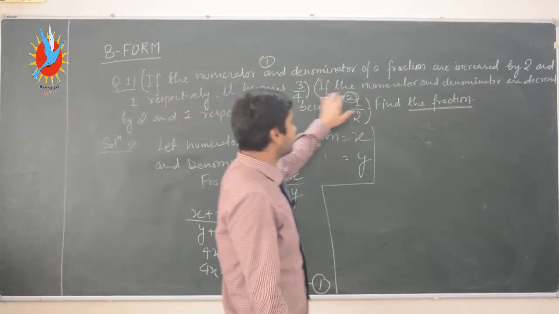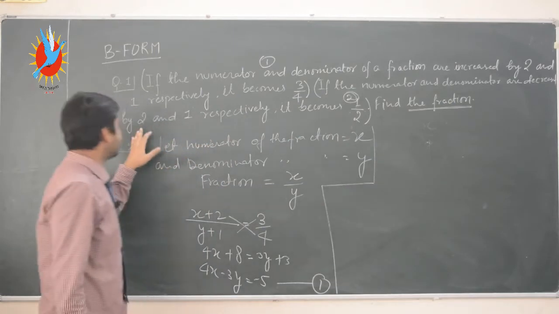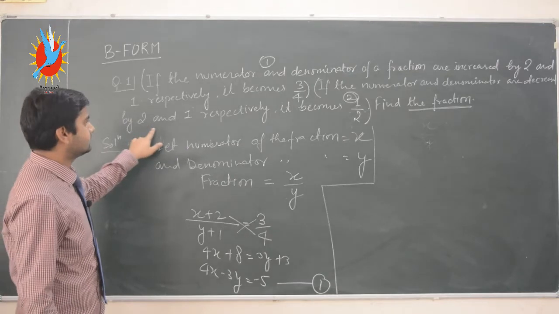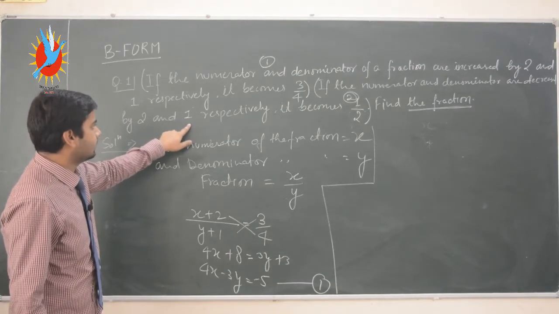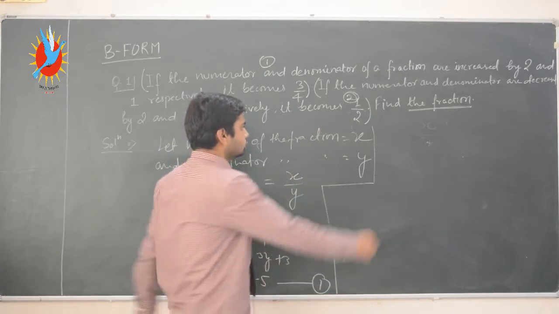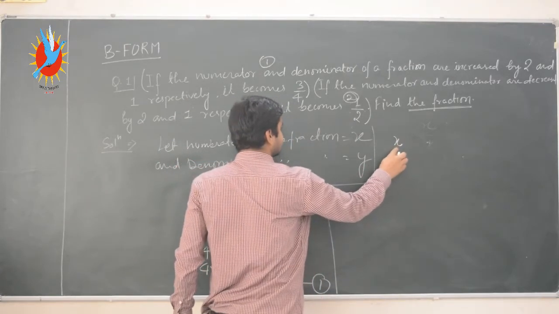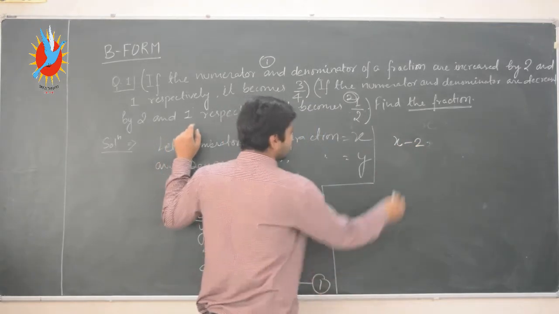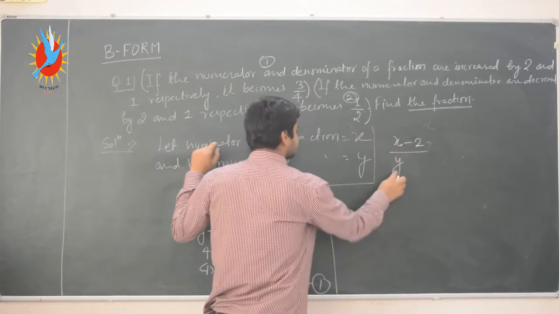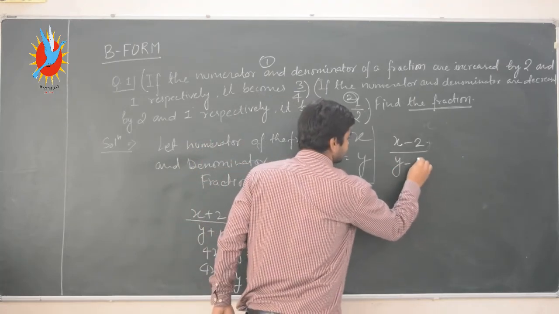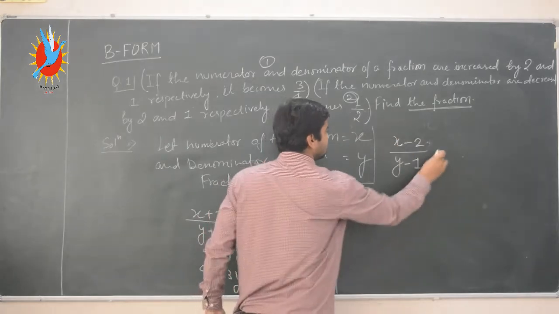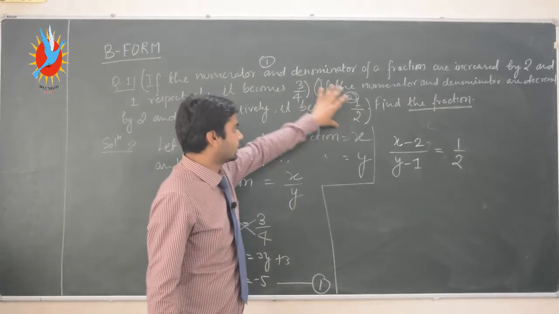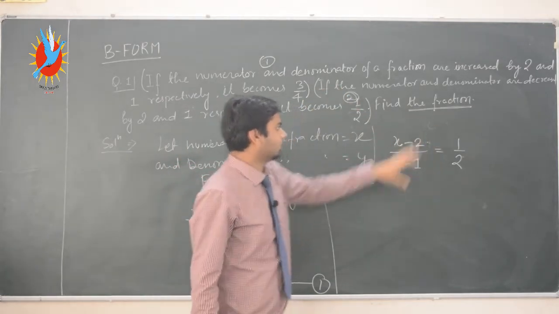Condition 2 is: if the numerator and denominator are decreased by 2 and 1 respectively, the fraction becomes 1 by 2. Our numerator x decreased by 2 becomes x minus 2. Our denominator y decreased by 1 becomes y minus 1, and this whole fraction becomes equal to 1 by 2. So condition 2 has given us an expression in x and y.